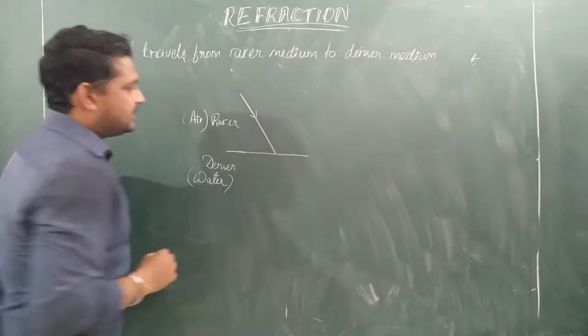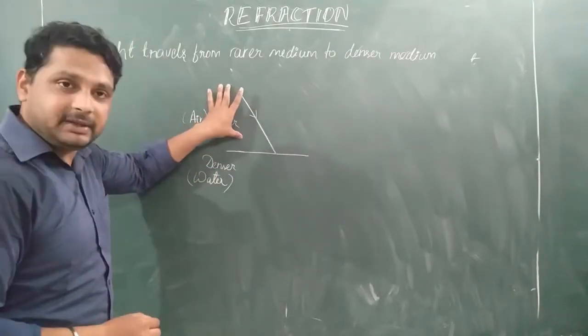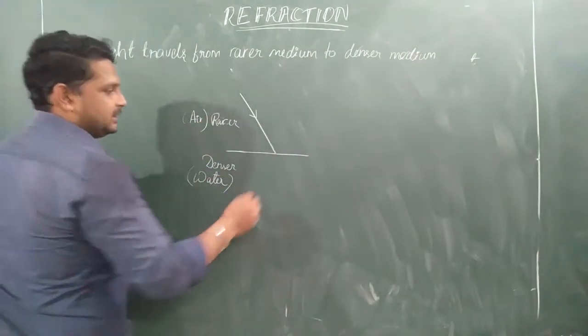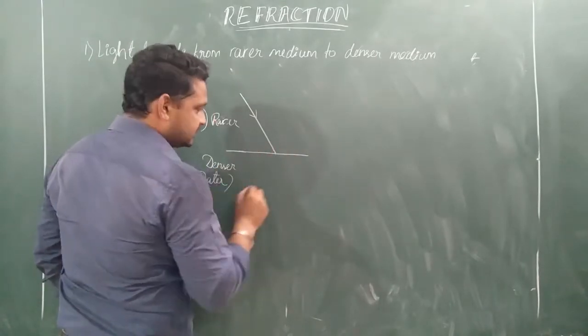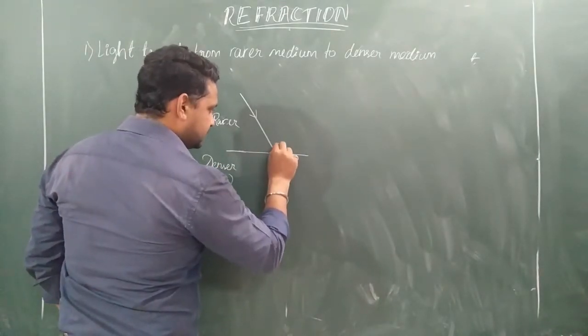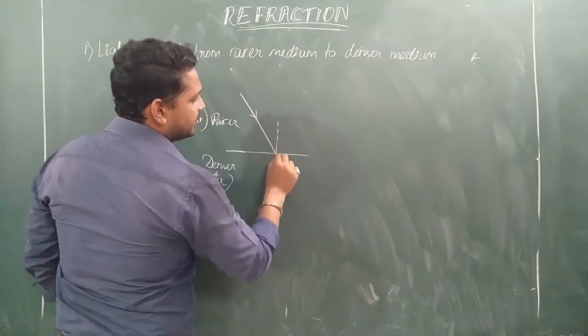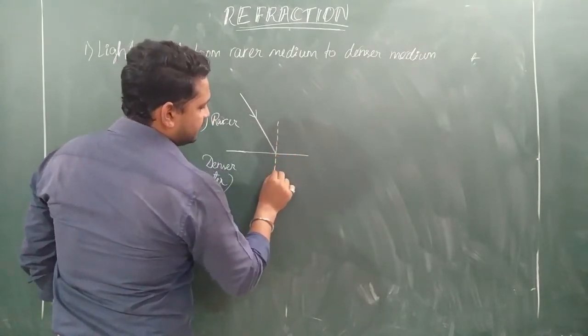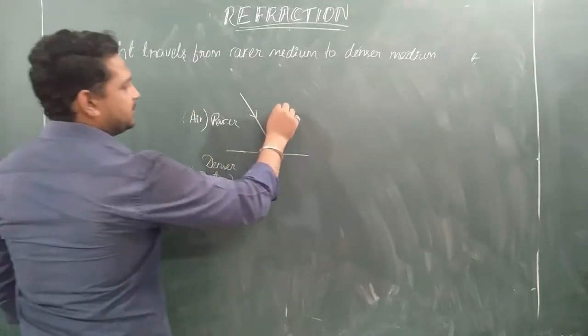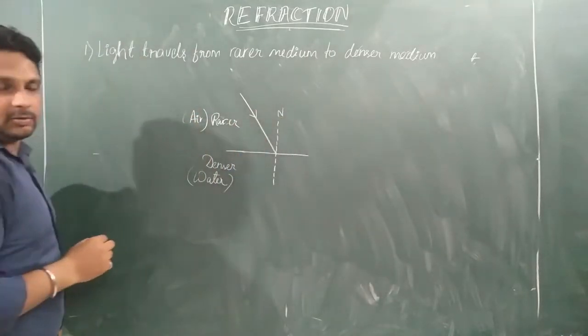The incident ray is about to enter from a rarer medium to a denser medium. So this is the point of incidence. So we will draw a normal here. We all know what a normal is, right? Normal is a perpendicular.